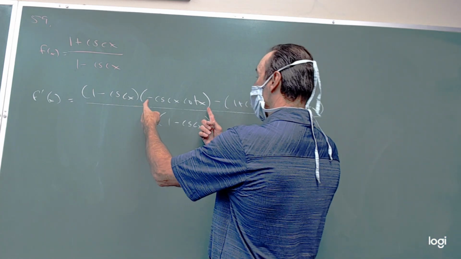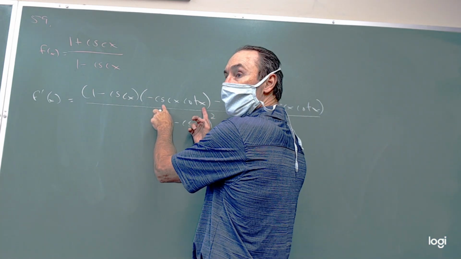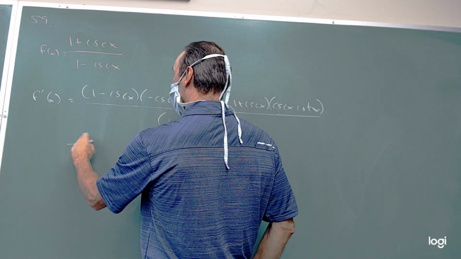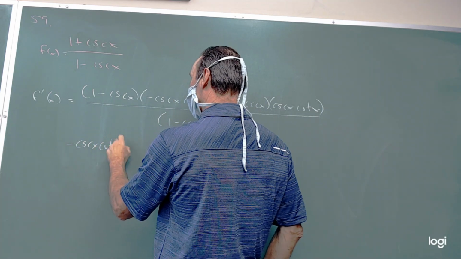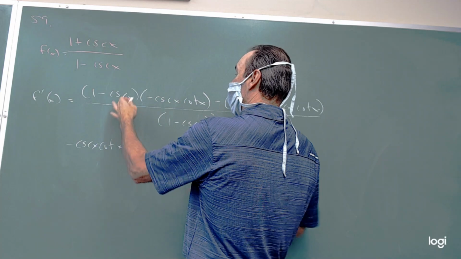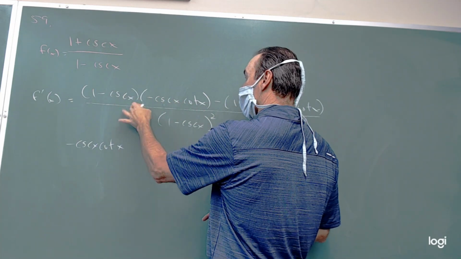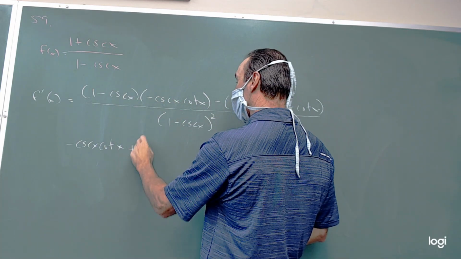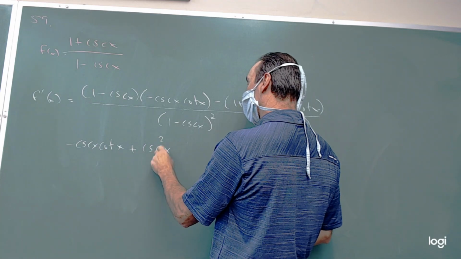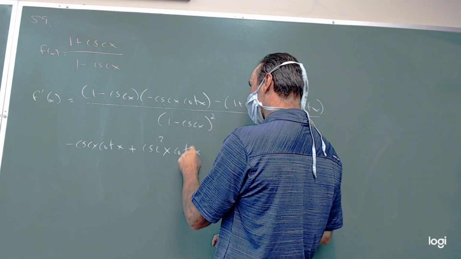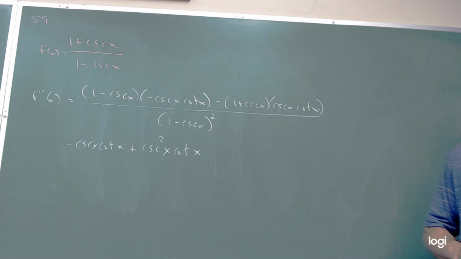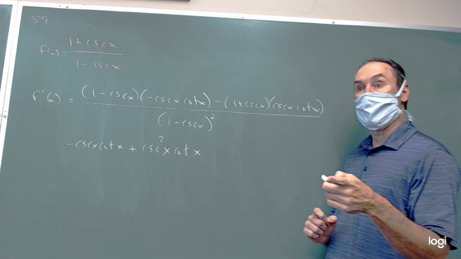So we're going to distribute this negative cosecant cotangent times the 1 is negative cosecant x cotangent x. The negative cosecant times the cosecant cotangent times the negative cosecant is a plus cosecant squared x cotangent x. You okay so far? Taylor, we okay? Am I going too fast?